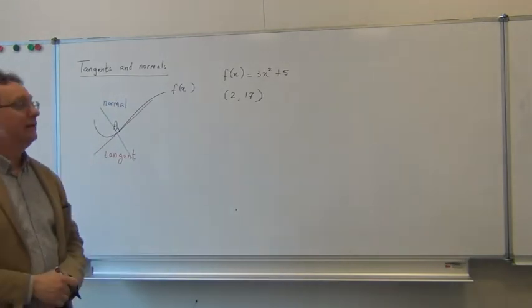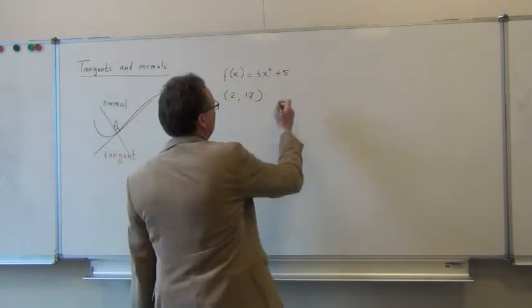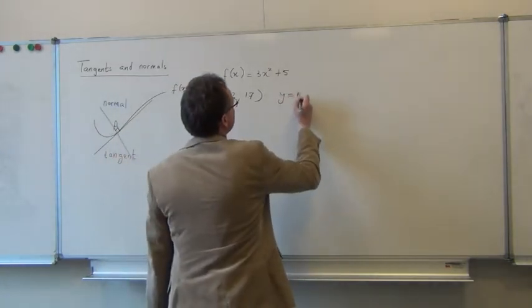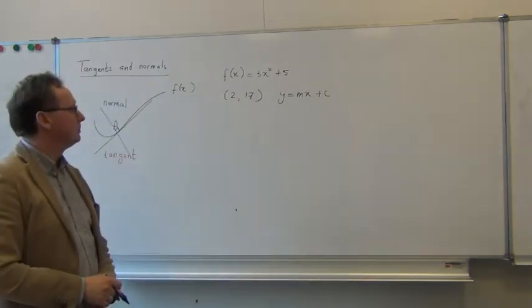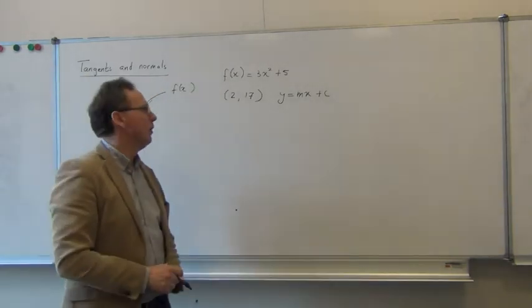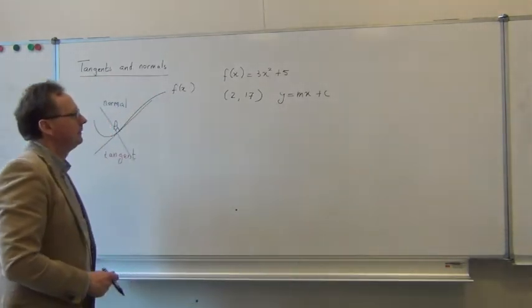Well, in order to find the equation of any straight line, we need to have the slope and the y-intercept. So if you write y is mx plus c, m is representing the slope and c is representing the y-intercept.